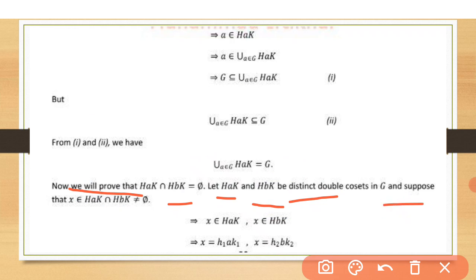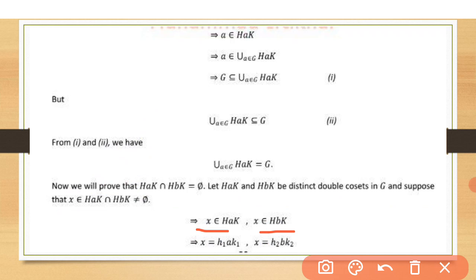Suppose that X is an element which is present in HAK and also in HBK, and the intersection of HAK and HBK is not equal to phi, that is equal to X. It means that X belongs to HAK and X also belongs to HBK. Both double cosets, X will belong.